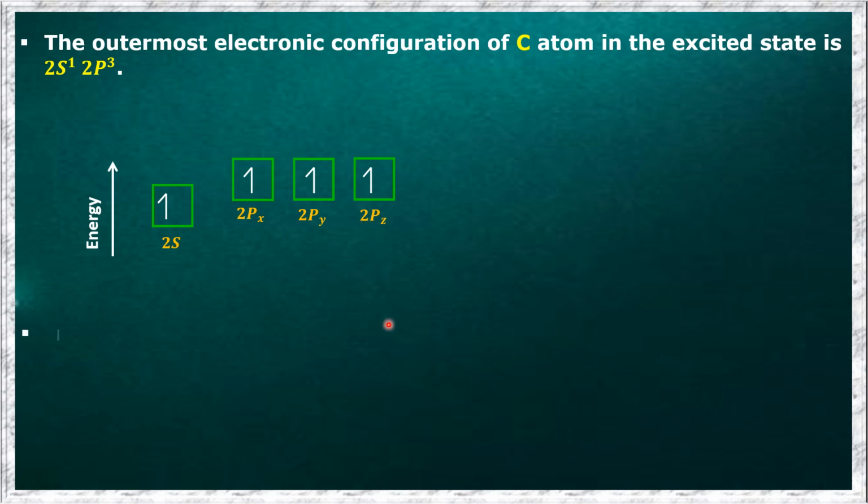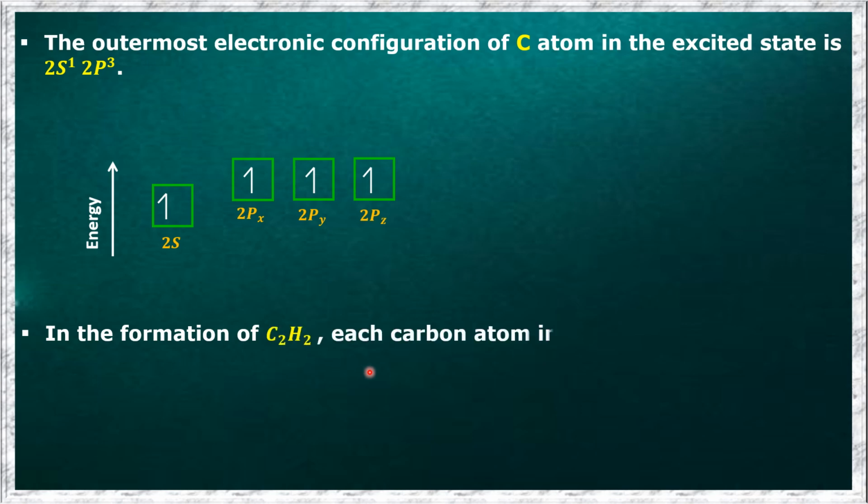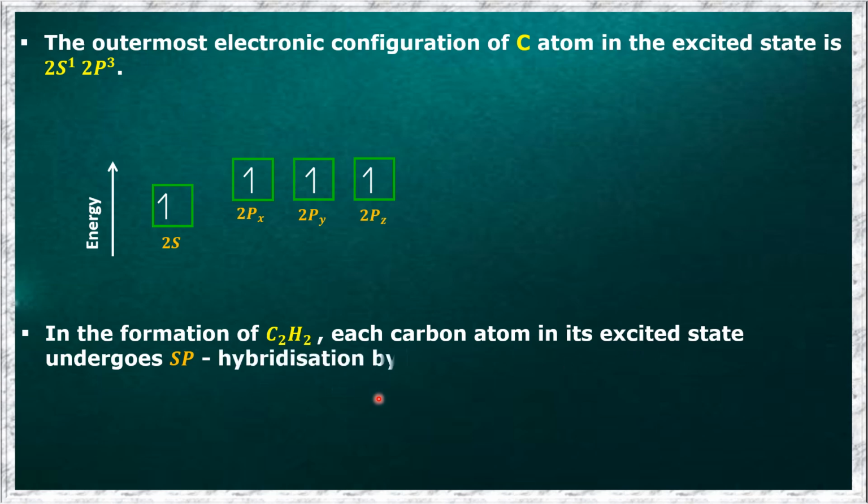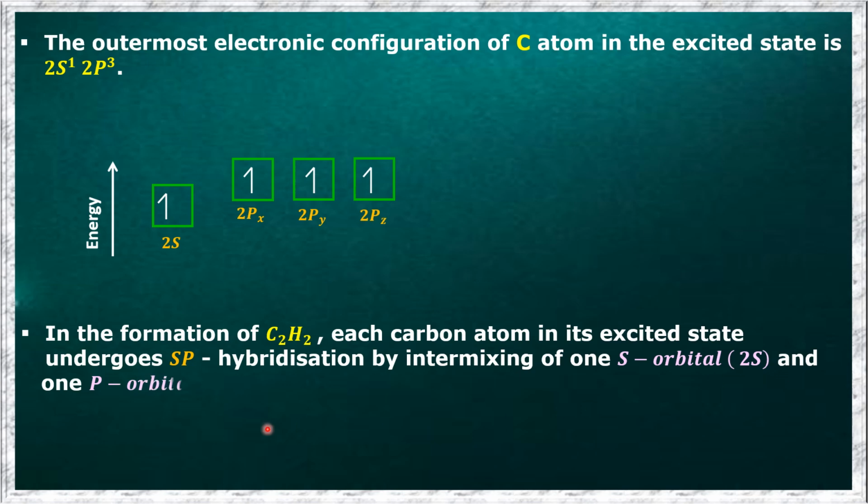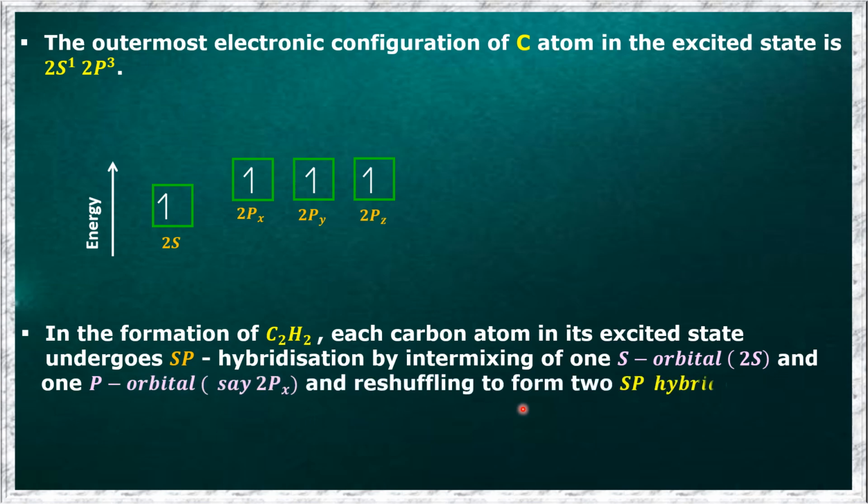So in the formation of C2H2, each carbon atom in its excited state undergoes sp hybridization by intermixing of one s orbital and one p orbital and reshuffling to form two sp hybrid orbitals.